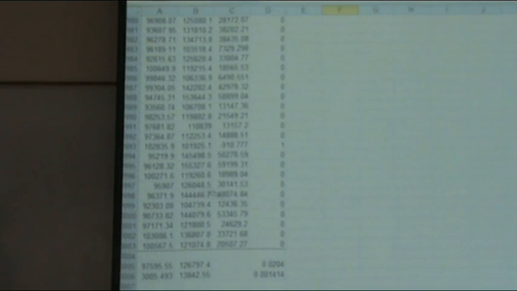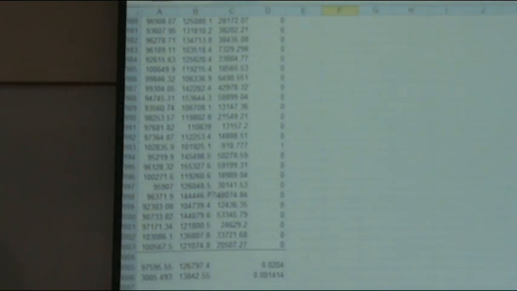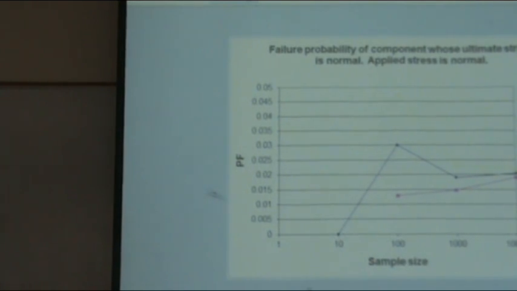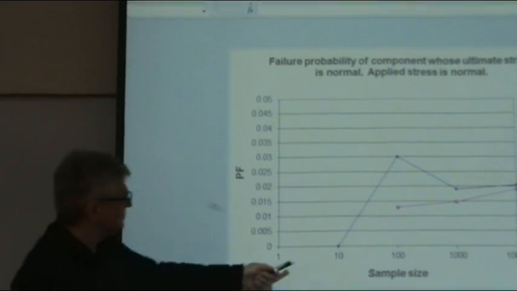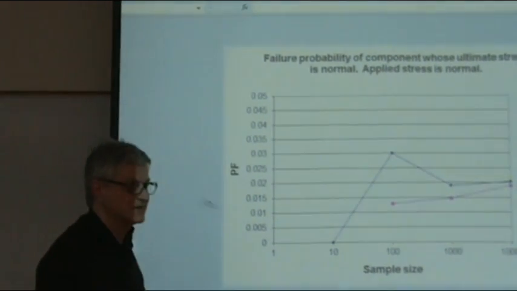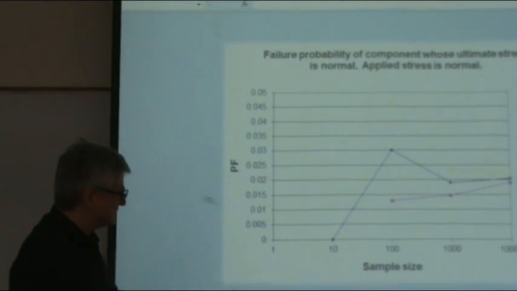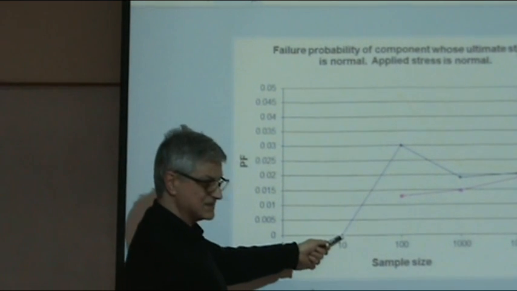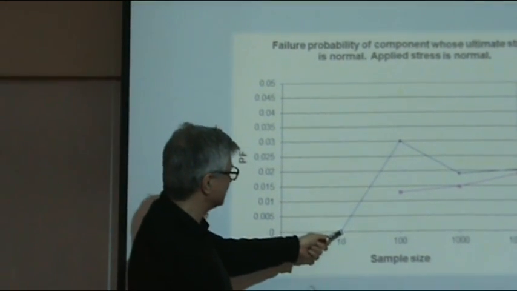Okay, you can make a figure that shows how the estimator changes with the replications. So the blue curve shows the estimator. We started from 10 and we got a 0 probability of failure.